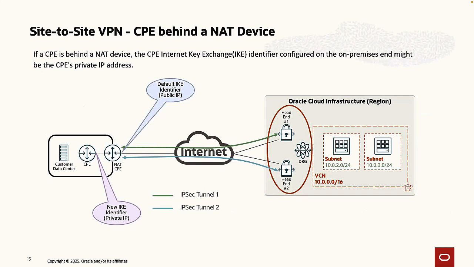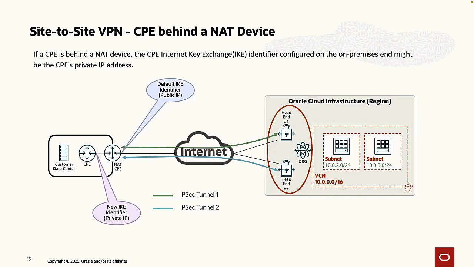So CPE behind NAT. If you have a security device in front of your customer premises equipment, how can that site-to-site tunnel be configured? We have the CPE IKE identifier, which is the Internet Key Exchange identifier configured on the on-premises end of the connection that must match the CPE IKE identifier.